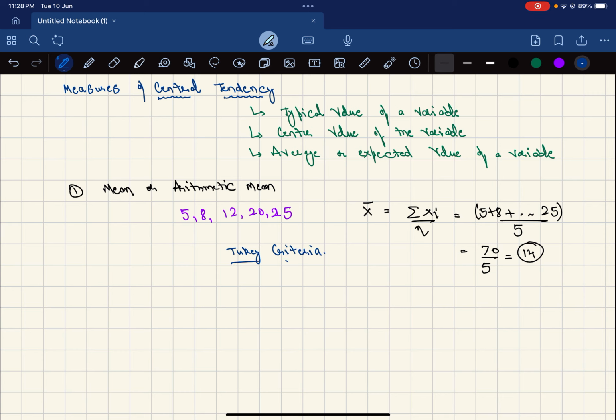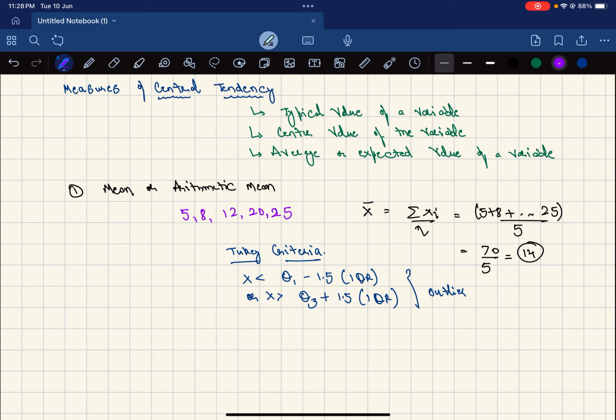The outlier was defined as a value x which is less than Q1 minus 1.5 times the interquartile range, or x greater than Q3 plus 1.5 IQR. This basically suggests that if the value is way too low or way too high, that particular value is called an outlier.